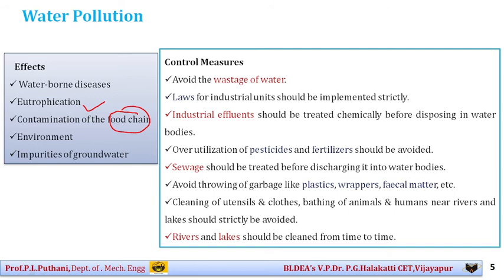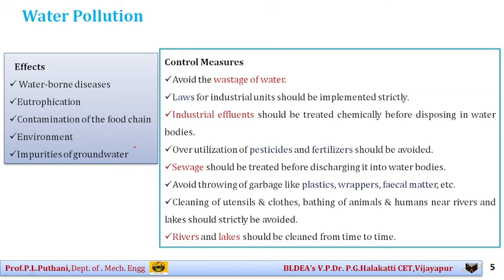Automatically, the fish's health is damaged, we eat the same fish, our health gets damaged, and the cycle goes on. So there is contamination of the food chain, and the environment also gets damaged.